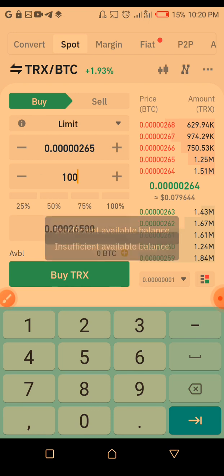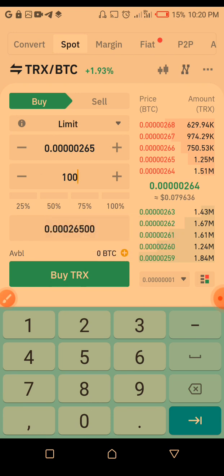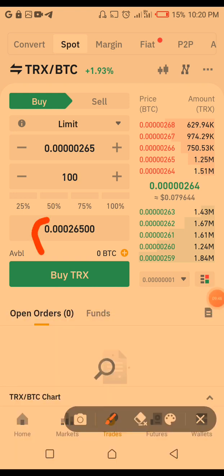Whenever 1 TRS is equal to 0.0265, which is the price on the market, we are going to buy 100 TRS using this amount of BTC. And remember, like I said, you must have that coin, that BTC, before you can use it to buy TRS, or you can have TRS before you can sell it to BTC.